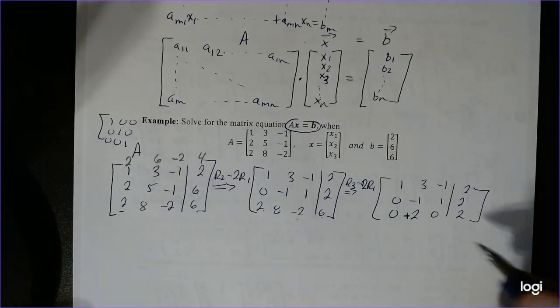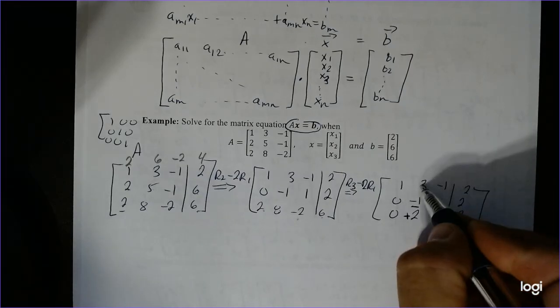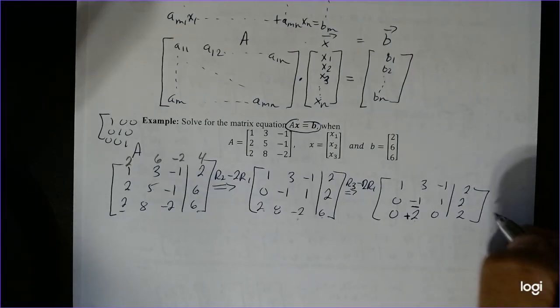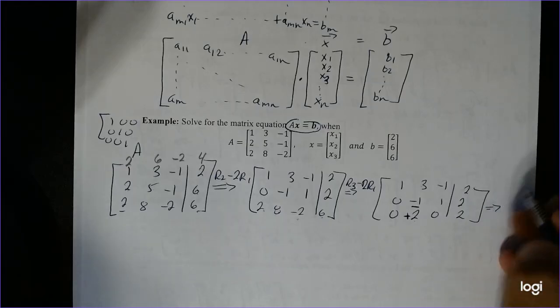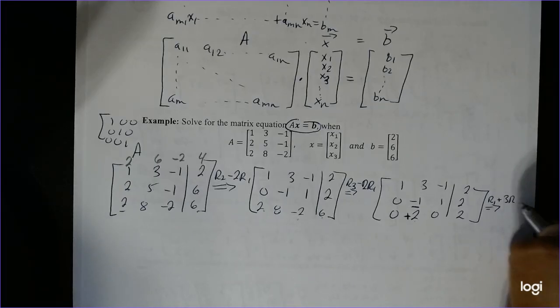All right, so let's keep going. We have this 1 here, so I'll keep it in that spot, and I'll make that 0 and make that 0. Same process. I'll do the top one, so row 1 plus 3 times row 2.